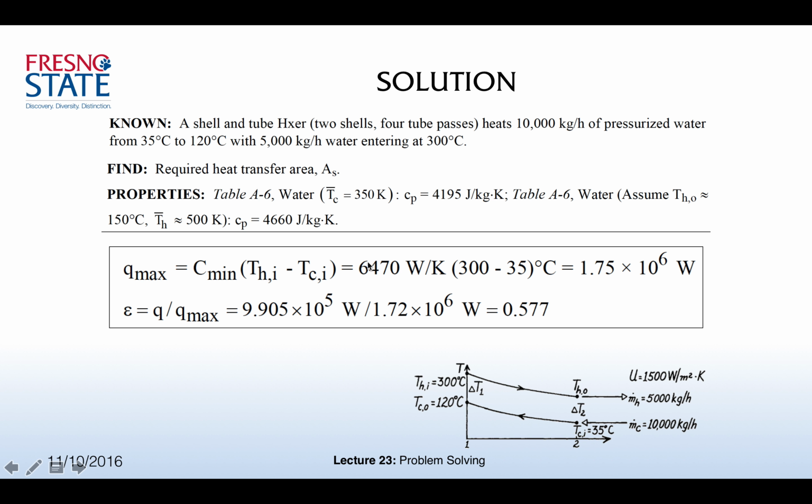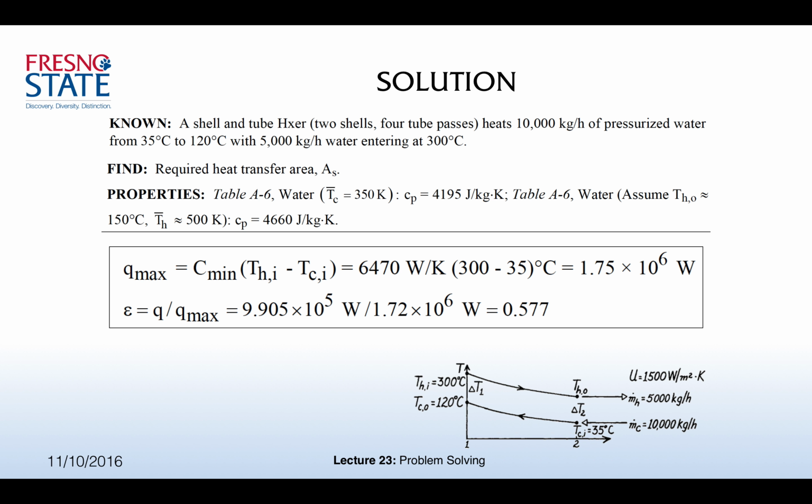So C minimum is 6,470 watts per Kelvin, multiplied by the maximum possible temperature difference, 300 Celsius minus 35 degrees Celsius. Then the maximum possible heat transfer in this heat exchanger, Qmax, is 1.75 megawatts, or 1.75 times 10 to the 6 watts. And I already calculated the actual Q at the very first step of my solution here.